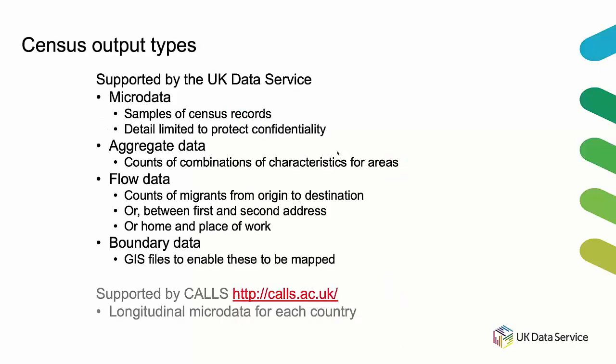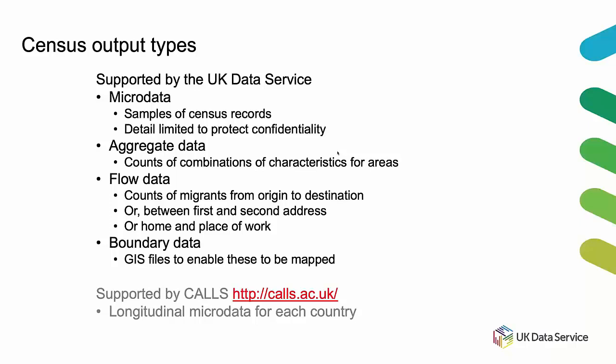So the type of outputs that came from the census, the ones supported by ourselves at the UK Data Service: we have microdata, which are samples of individual level data. We have aggregate data, which are data aggregated to areas. These are sometimes known as area statistics.